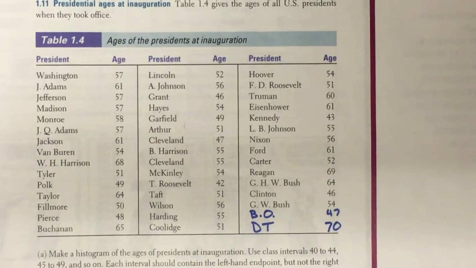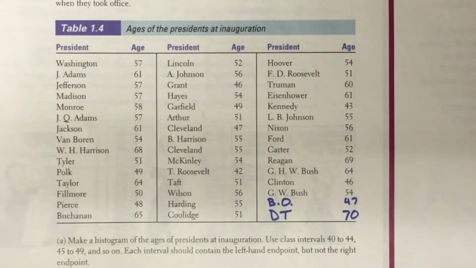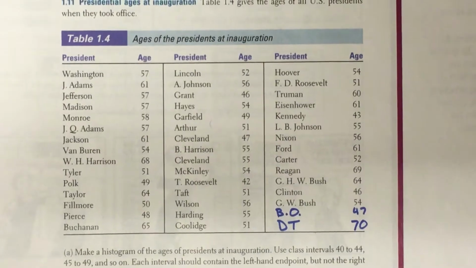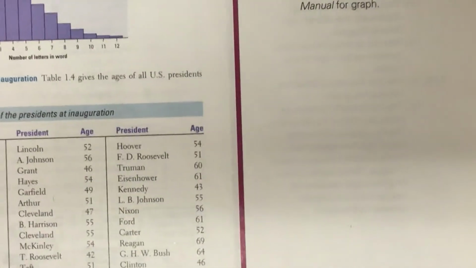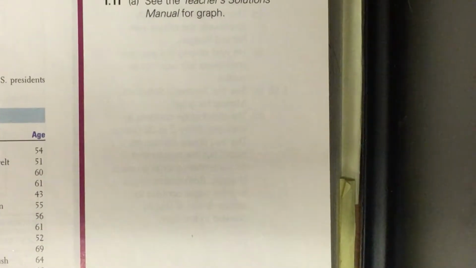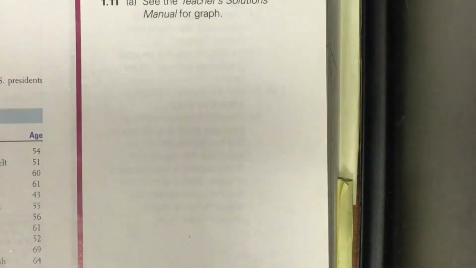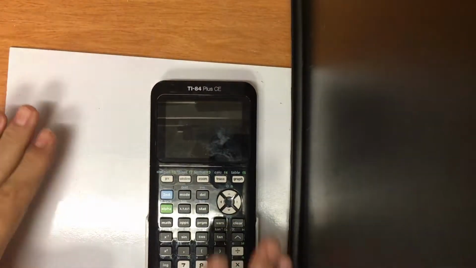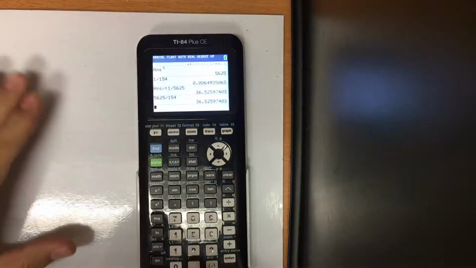So here's the data, and if you want to pause the video here so that you can enter that into your calculator. So let's get this set up. All right, so you've got the data hopefully now in your calculator, so I should have my data in here.